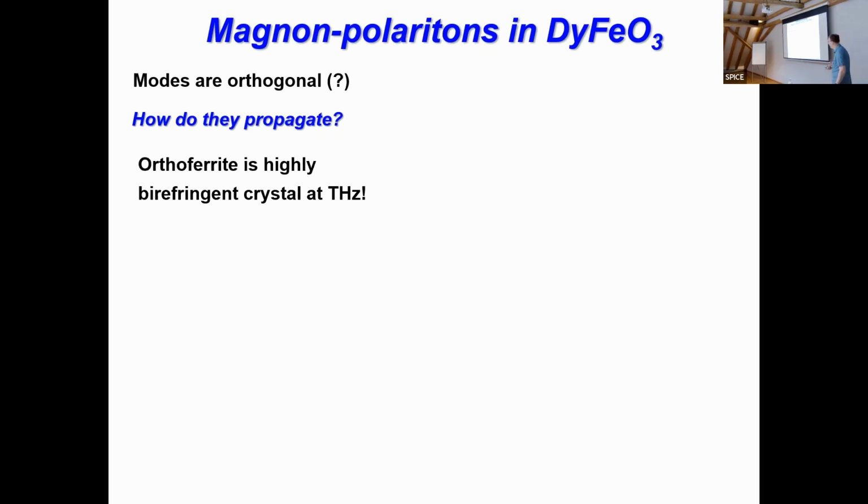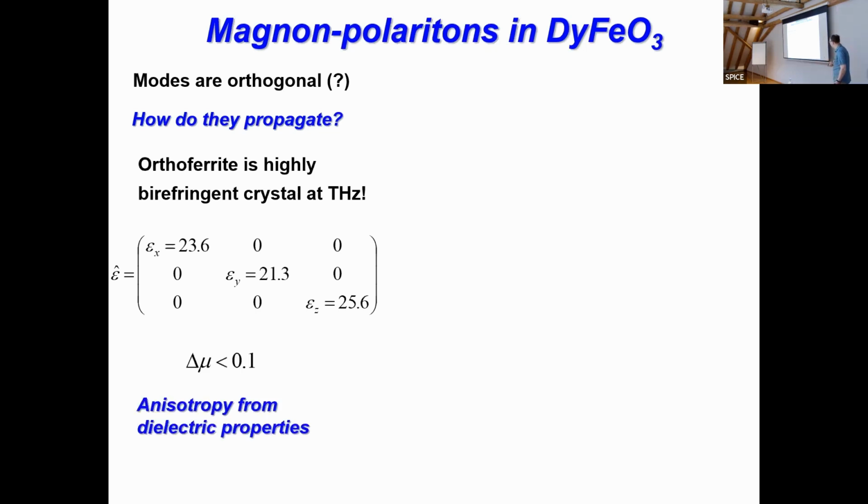So we can even take the dielectric permittivity tensor for the orthoferrite, and you can see that there is a huge difference between the permittivity components. At the same time, the variations in the magnetic permeability are much smaller.